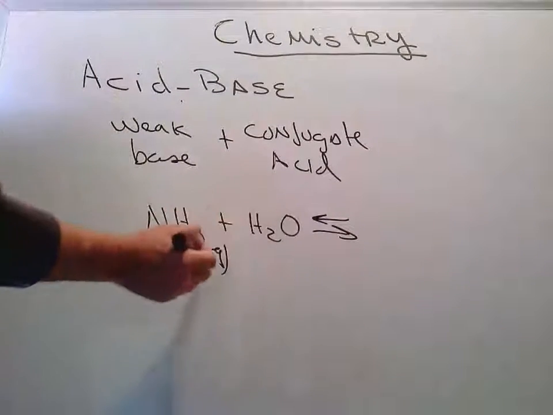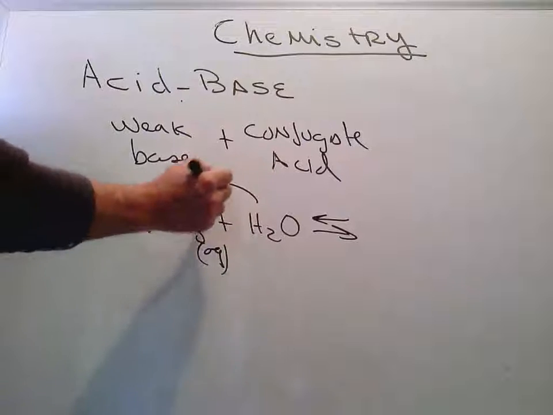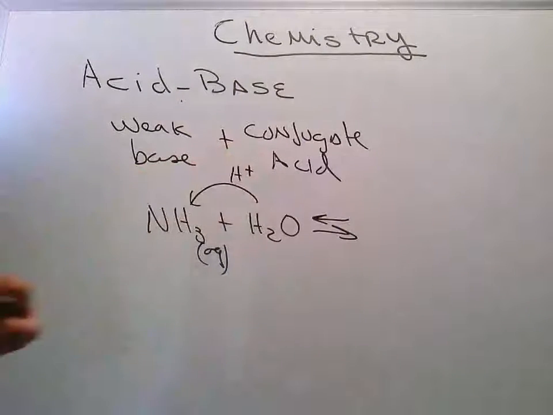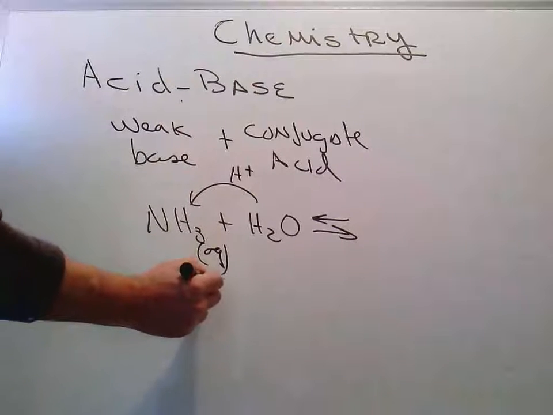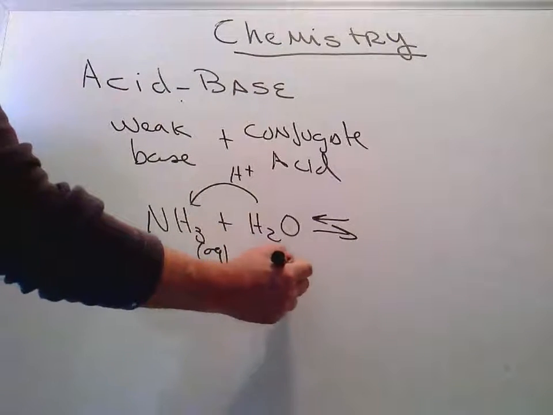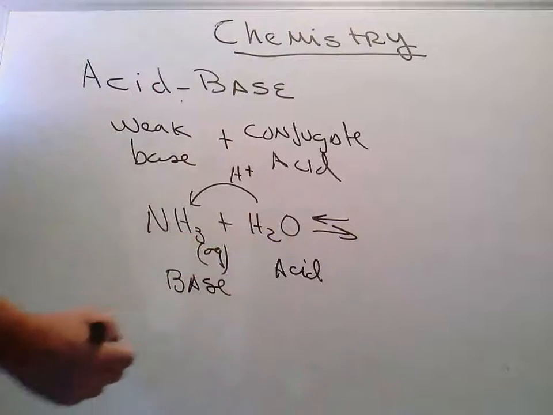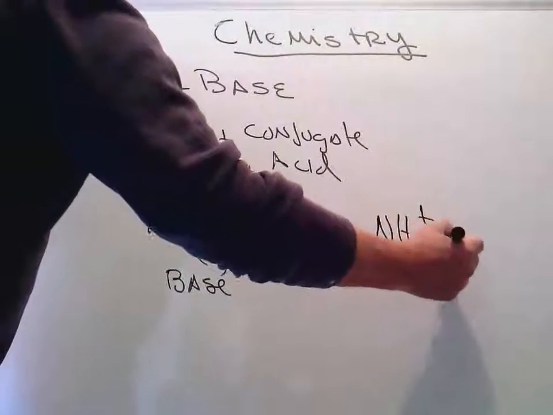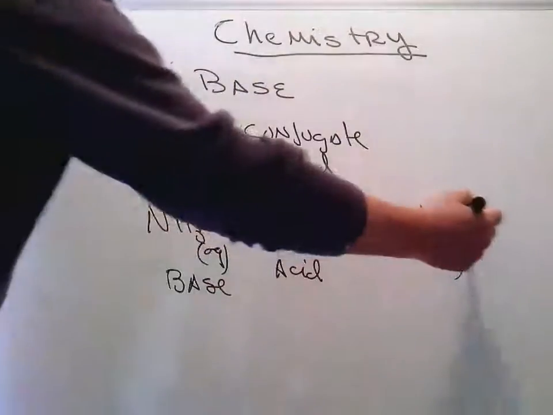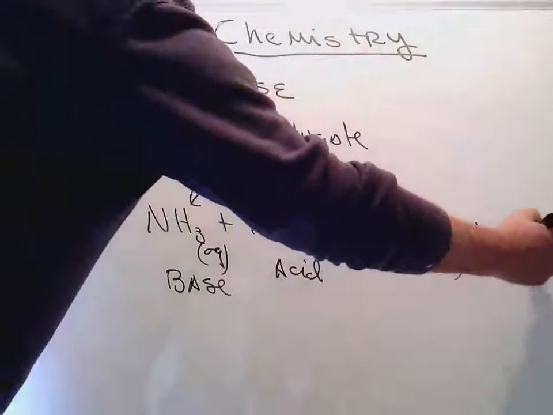It will act as a base, accepting a proton from water, and water will be acting as an acid. And that will form the ammonium ion, which is this one here, and the hydroxide ion.